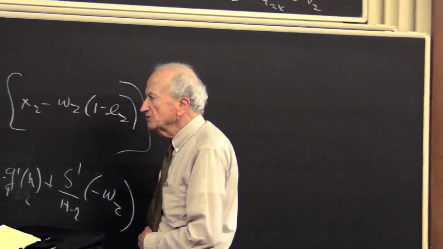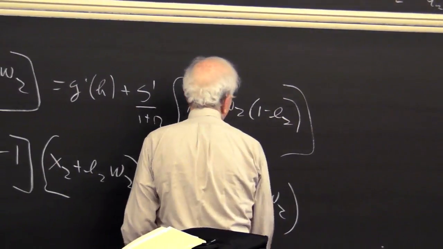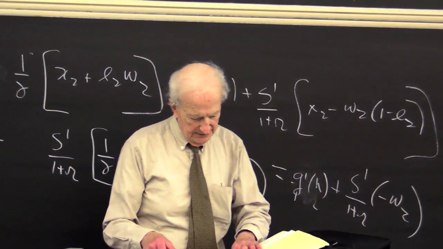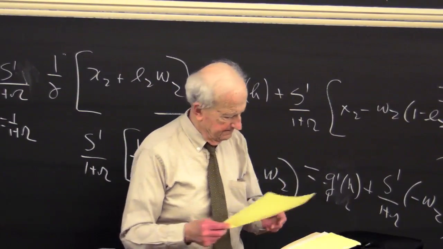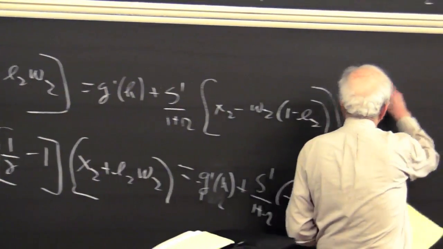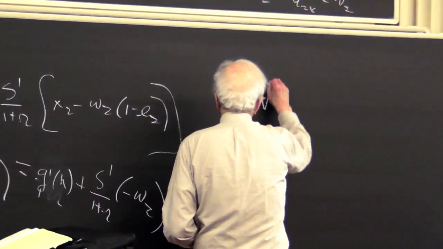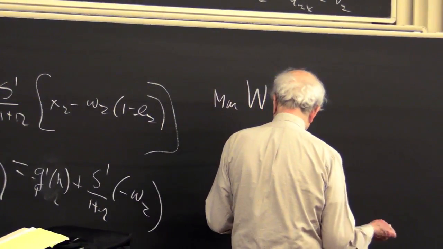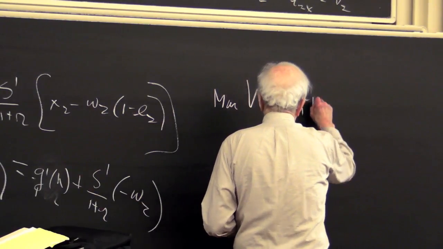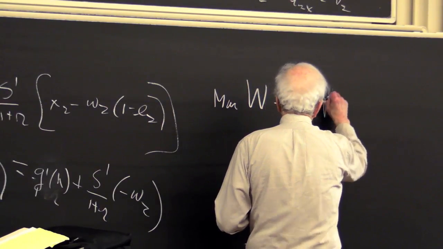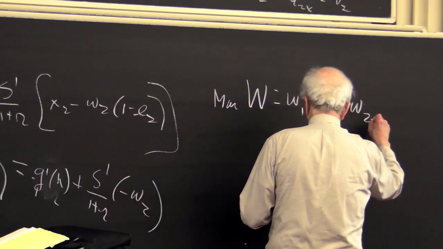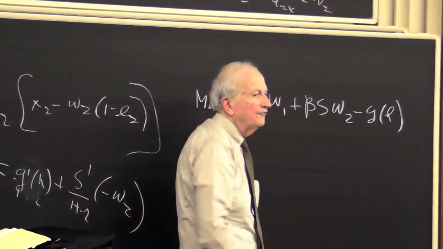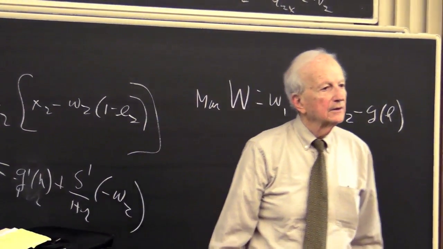So what we're going to maximize is W, and that's going to be equal, by definition, to full wealth: W1 plus beta S W2 minus G of H. So we're going to choose H to maximize net full wealth.